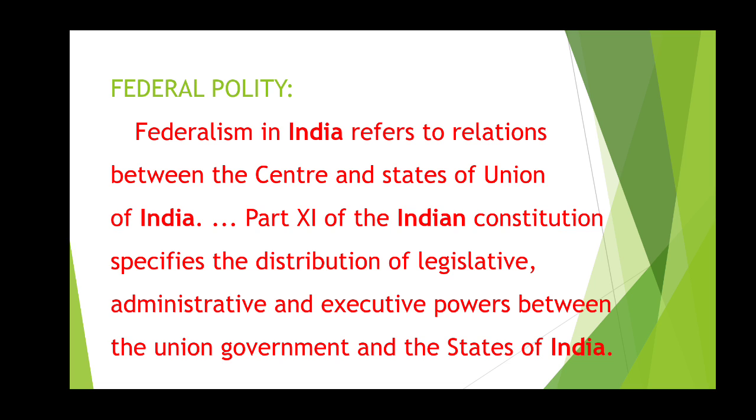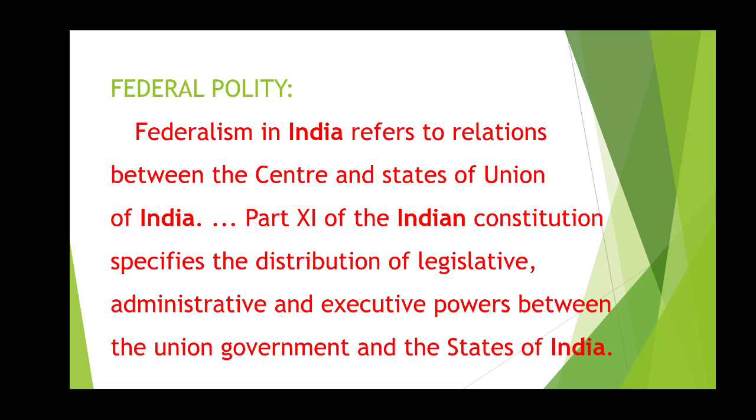In a federal system, the country is divided into various units, like state governments for each state. There is a government that is responsible for the whole country, called the central government, and each smaller unit also has its own government, called the state government.